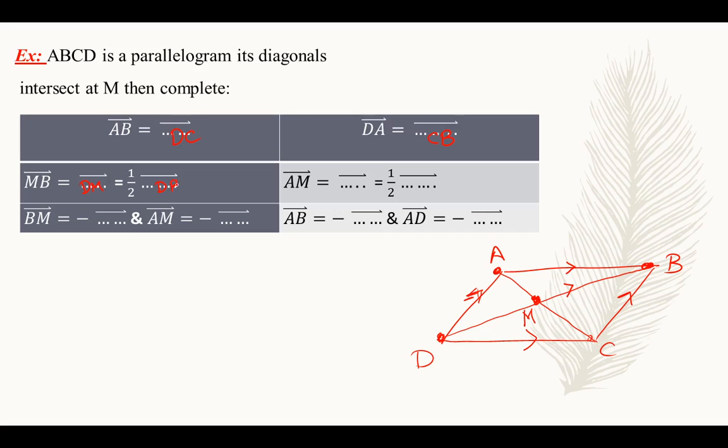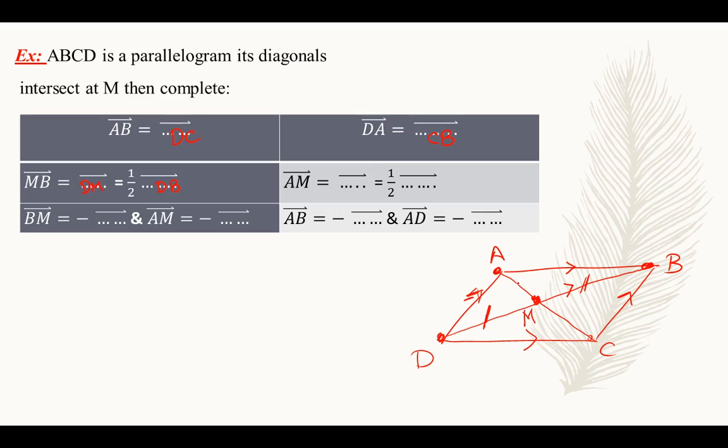We all know that in a parallelogram the diagonals bisect each other, so the length of MB equals the length of MD. So the directed line segment MB is equivalent to the directed line segment DM. They must be equal in length and in the same direction.